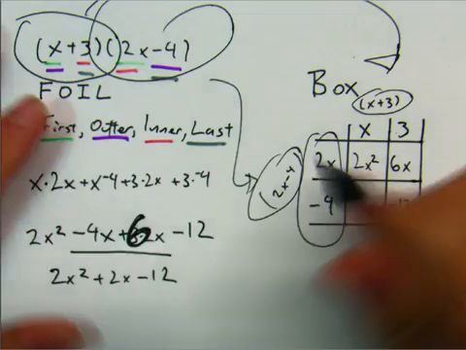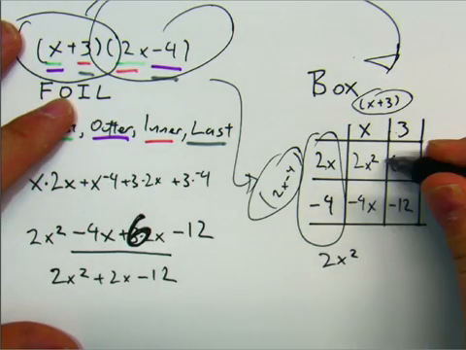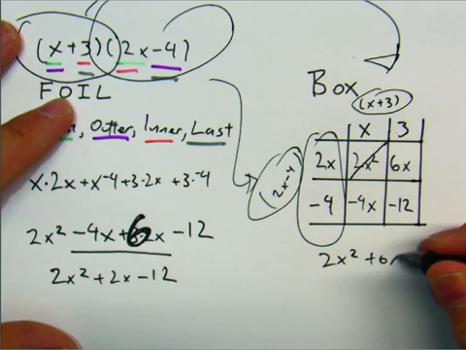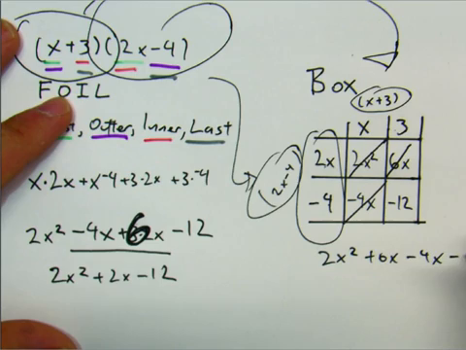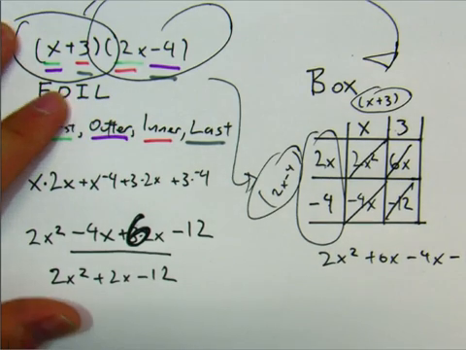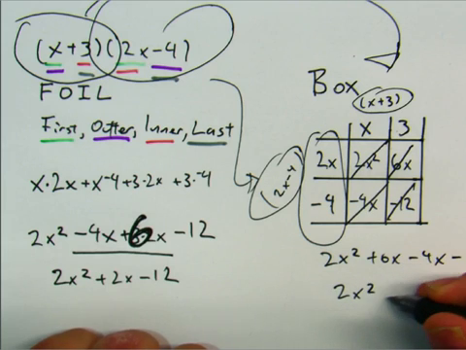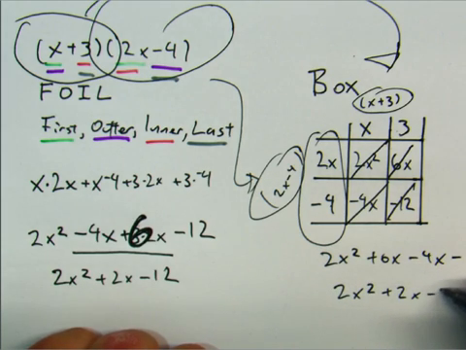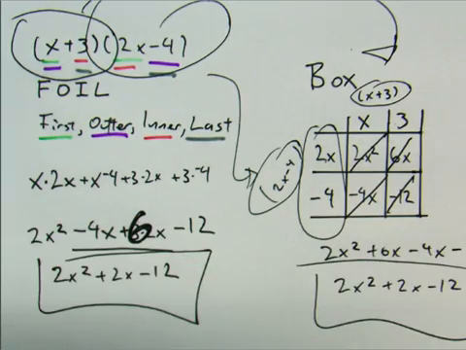All I have to do is turn it into a single expression. So I'll have 2x squared, plus 6x, minus 4x, minus 12. Combine my like terms: 2x squared plus 2x minus 12. And sure enough, you can see that each of these methods got us the exact same result.